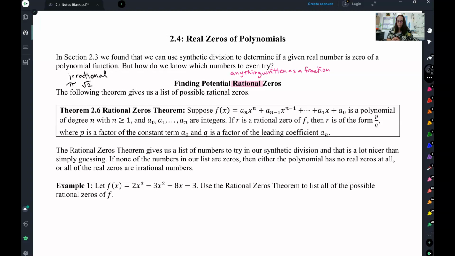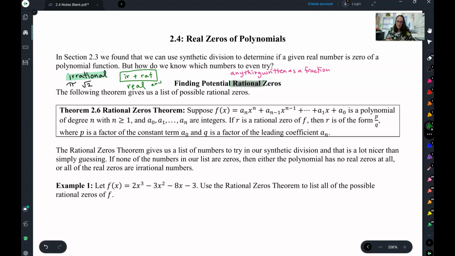Now, if we take the family of irrational and rational and put those together, the irrational plus the rational, we call those numbers real numbers. So real numbers are a combination of your rational and your irrational numbers.